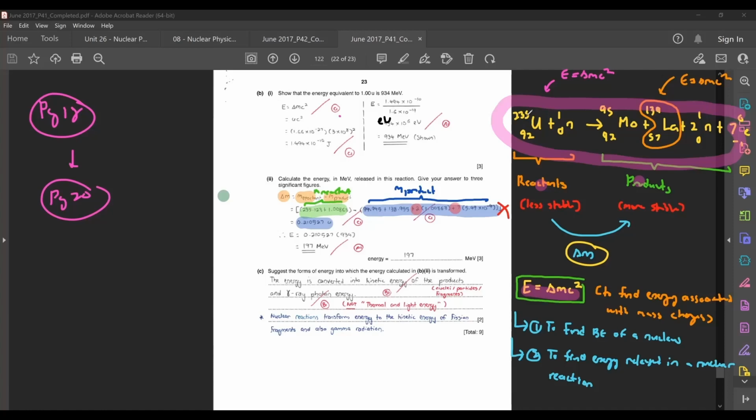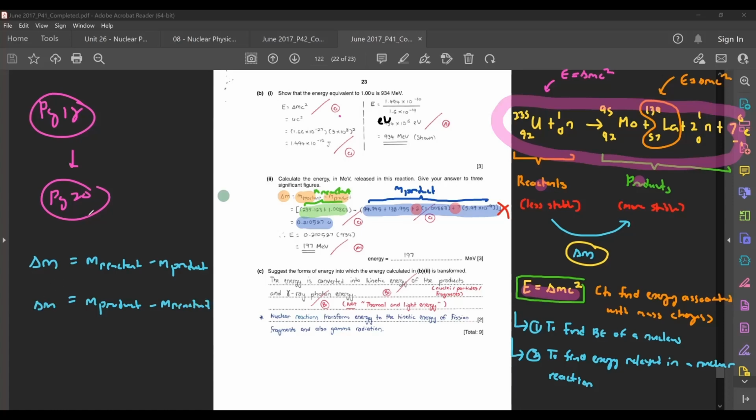Okay, and another thing I should probably mention, because this is something people have asked: should it be mass of reactant minus mass of product, or mass of product minus mass of reactant?